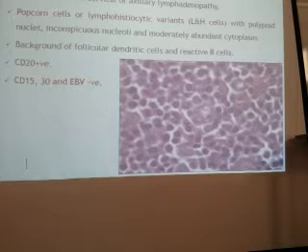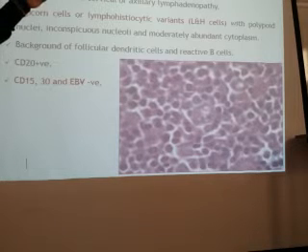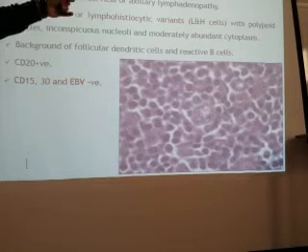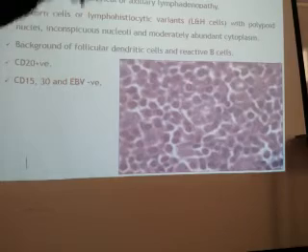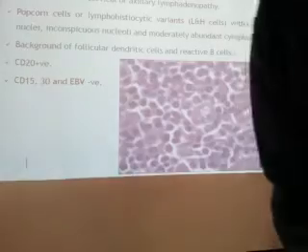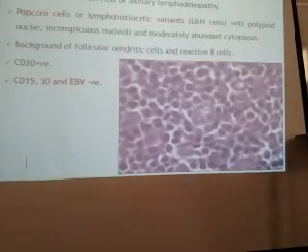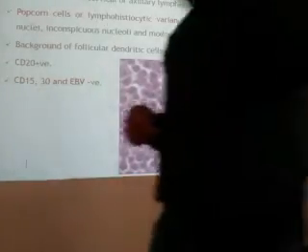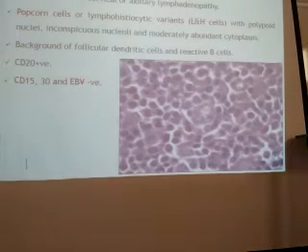Clear? Lacunar cells. In lymphocyte predominant, you will find the lymphohistiocytic or popcorn cells. So this is important. Why am I telling you again? This is important. CD15, CD30, EBV, you should not miss. You should not miss the variants. Popcorn cells, lacunar cells. So this completes the Hodgkin lymphoma.